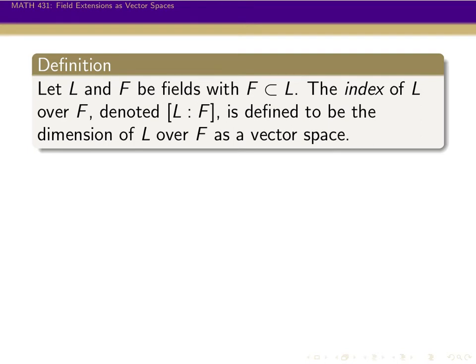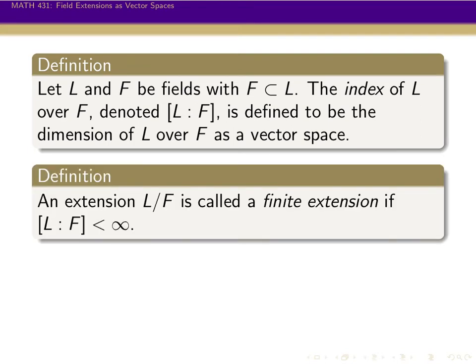You can think about this as happening in the same sense, that the index here is talking about the dimension of L over F. And so you can think about dimension as being the number of copies of F inside of L.